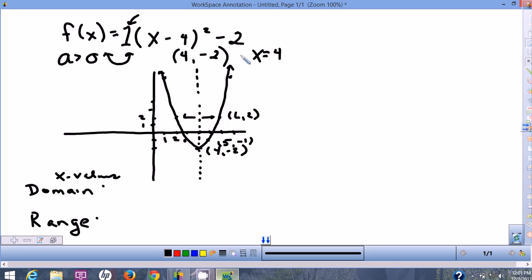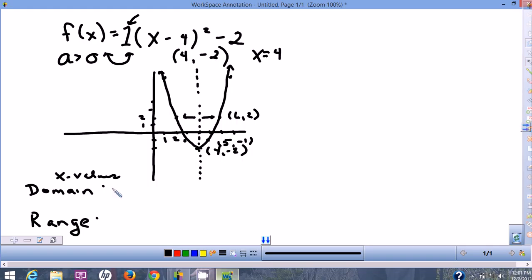Well, if I continue this function out forever in both directions, is there any x value at which our function is not defined? We know it's defined here at 4, at 3, at 2, at 1, at 0 if we continue. If we make this big enough, can you see that it would be defined at 10 or at -10?